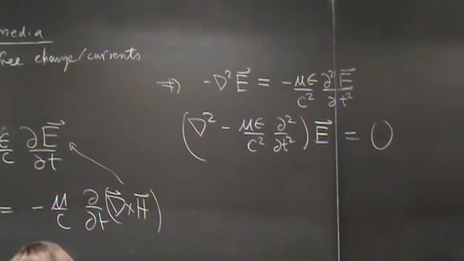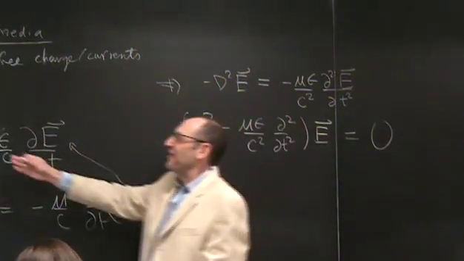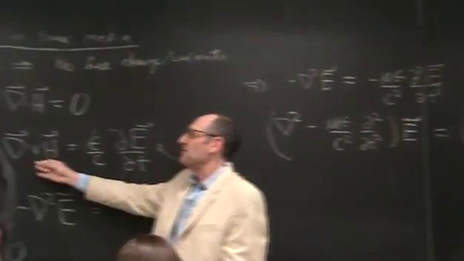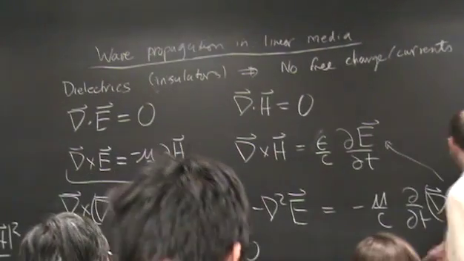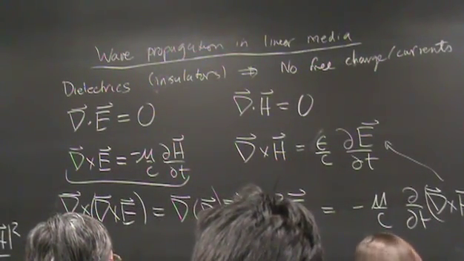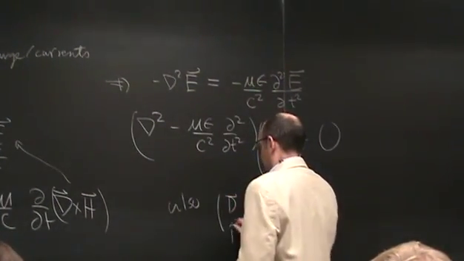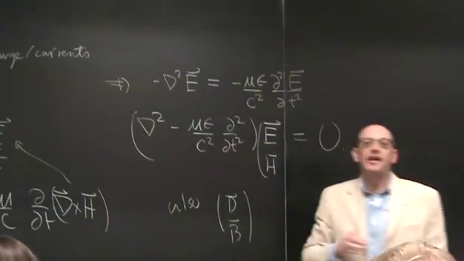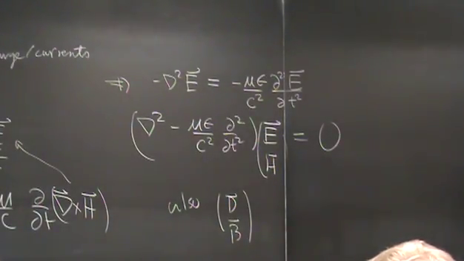And similarly, if I had taken the curl of this equation, Ampere's law, and done the same thing, I would find the same thing is true for H. Also, D and B satisfy the same wave equation.